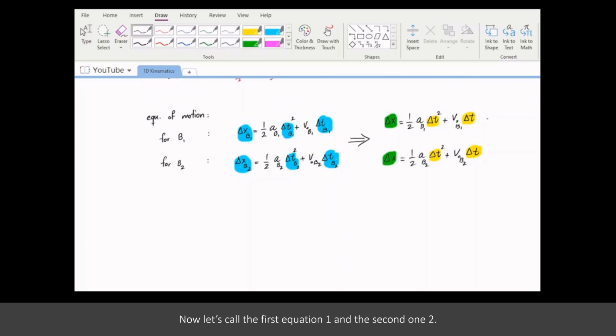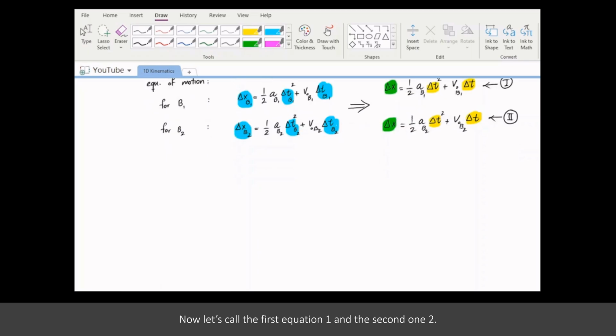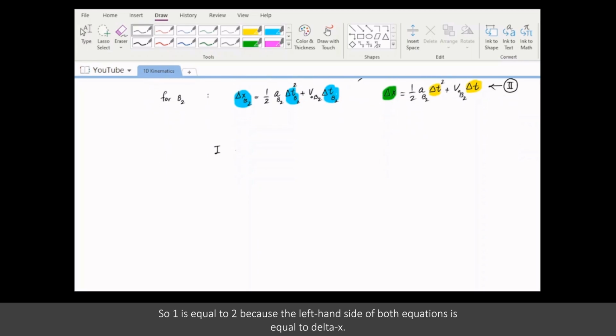Now let's call the first equation 1 and the second one 2. So 1 is equal to 2 because the left-hand side of both of them is delta x. By doing so, we eliminated delta x and we can solve for delta t.